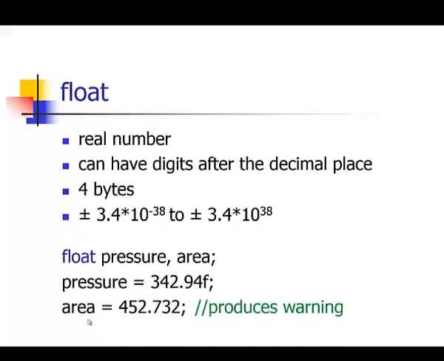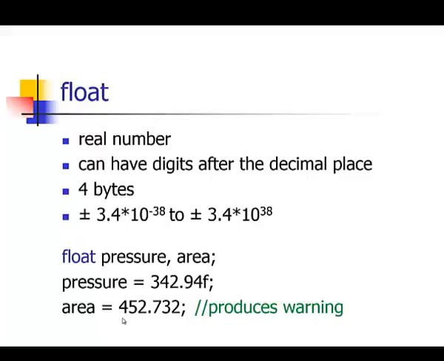If, on the other hand, I just choose a numeric constant, 452.732, and store it in a variable of type float, it's going to produce a warning saying that the number has been truncated. Because this is a double, remember that doubles are 8 bytes big, and I try to store it in a location that is only 4 bytes big, there's a possible loss of data.